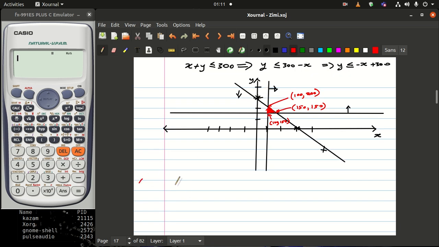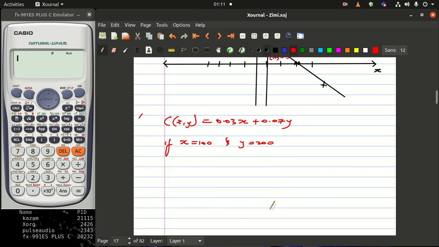So what we are getting here, the cost equation, it has x and y, of course. So it's 0.03 x plus 0.07 y. So if x is equal to 100 and y is equal to 200, what is going to be the cost? So C of 100 and 200 is going to be equal to 0.03 times 100 plus 0.07 times 200.